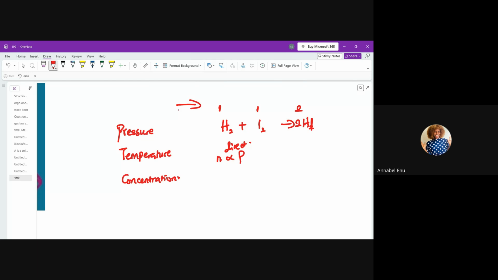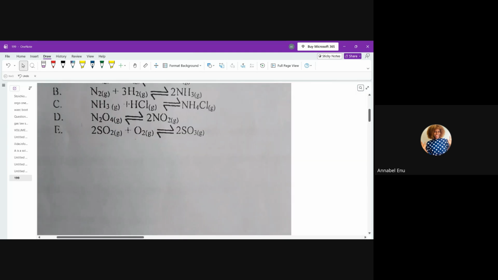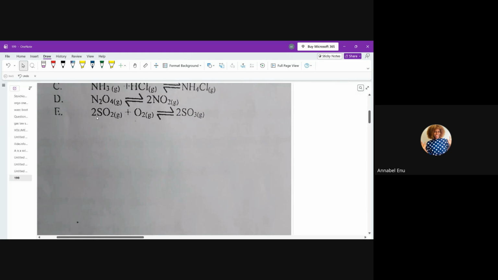For example, when we have a reaction like 2SO2 plus O2 giving 2SO3, we see the coefficients of the reactants: 2 here, and one from the oxygen, an invisible one, and 2 in the product.